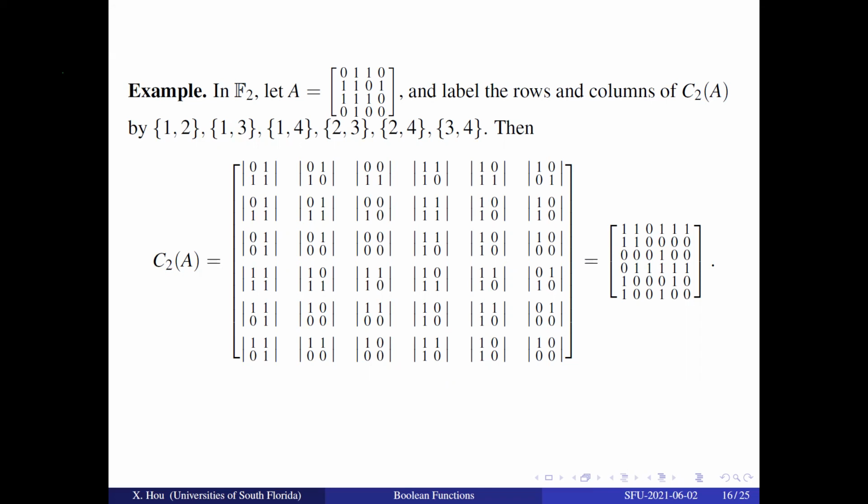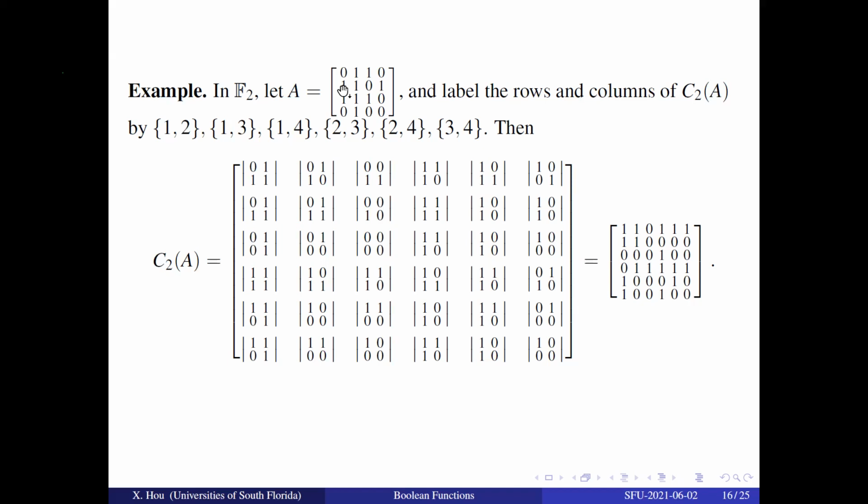And then what do we do? Then we just say, for example, let's take 1, 2 and 1, 3. So 1, 2 as the index set for the rows of the compound matrix.